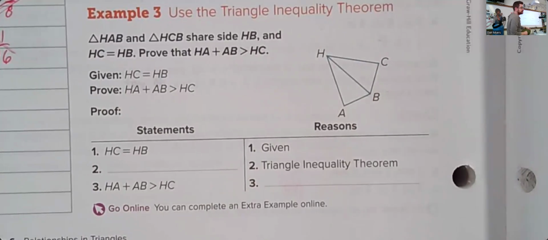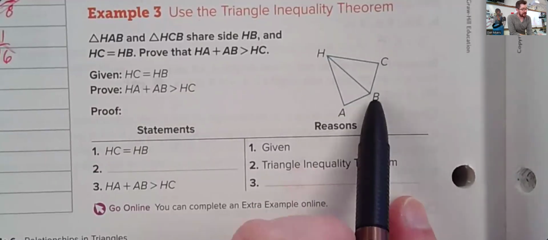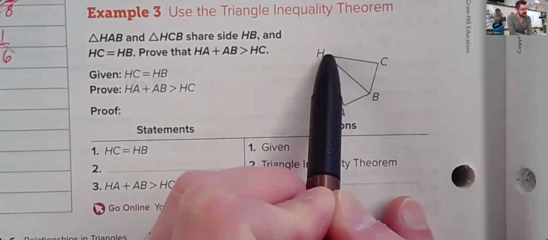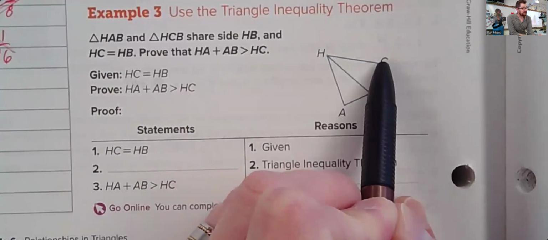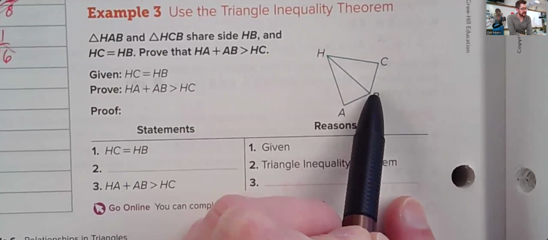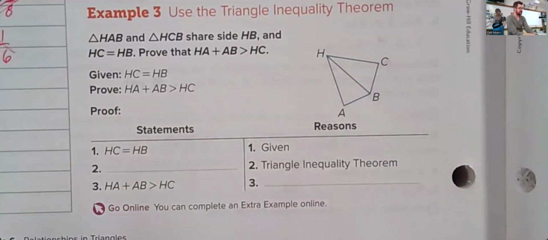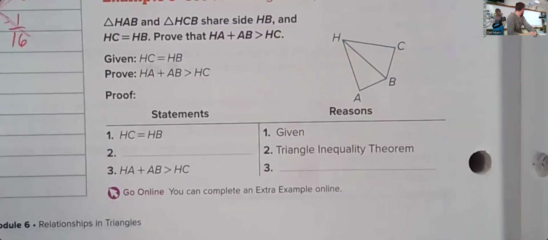So HA plus AB is here. HC is over here. So those two lengths are not on the same triangle as HC. So that's why we've got a little bit of in between to work on here.